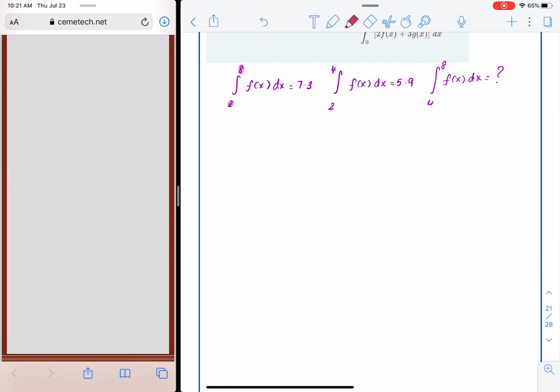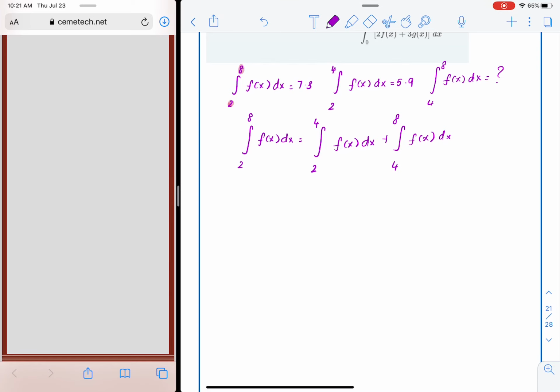So we know the integral from 2 to 8 of f(x) dx can be written as the integral from 2 to 4 of f(x) dx plus the integral from 4 to 8 of f(x) dx. Now, should we pick 4? Well, you could pick any number. It could be 2 to 5 for the first integral and 5 to 8 for the second integral.